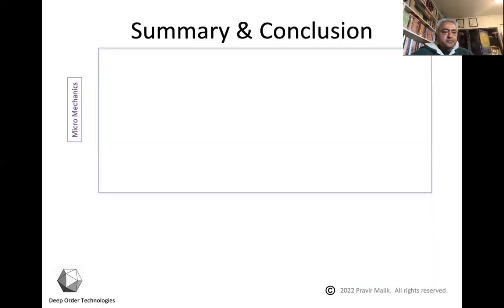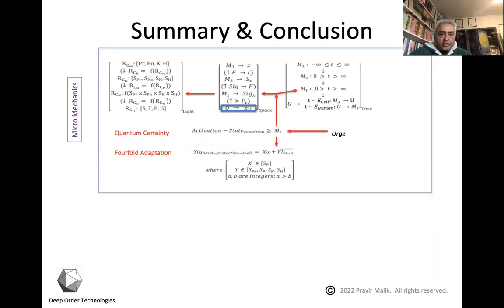Now, summarizing, when you look at the micromechanics, as I said, there's the light, space, time matrices, and due to an urge that is strong enough from any species, we of course look specifically at the insect in this example, but imagine that these urges can belong to any kinds of species. It can create a state of quantum certainty that brings about fourfold adaptation.